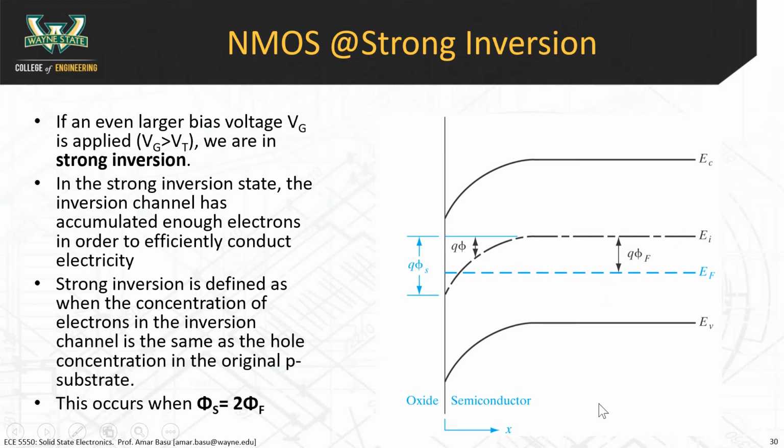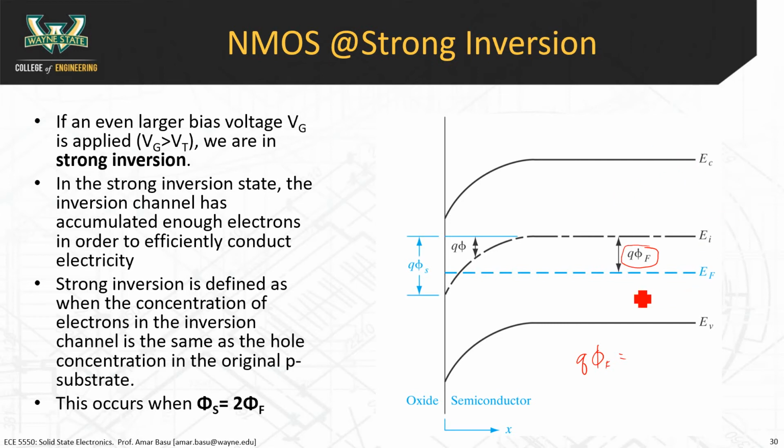Out here in the p-type substrate, far away from the gate, you have a distance equal to q phi f. Does anyone remember what that q phi f is equal to? Because this has to do with just the doping of the p-type substrate.